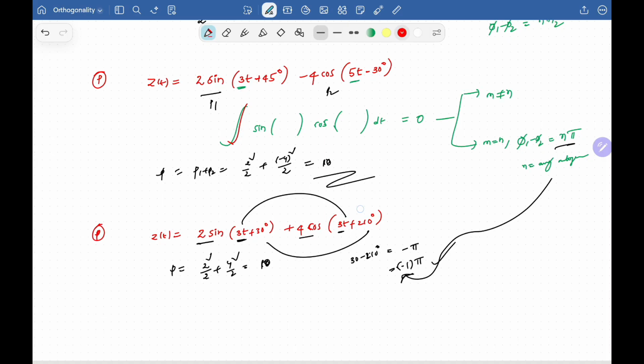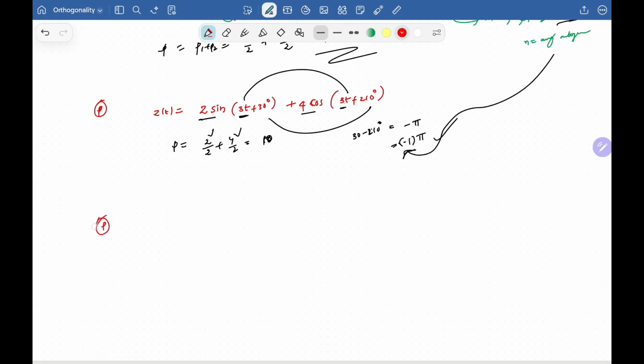In the final question, suppose the question consists of a DC component: 4 plus 3 cos 2t minus 30 degrees. Now you need to solve the question. What could be the power?